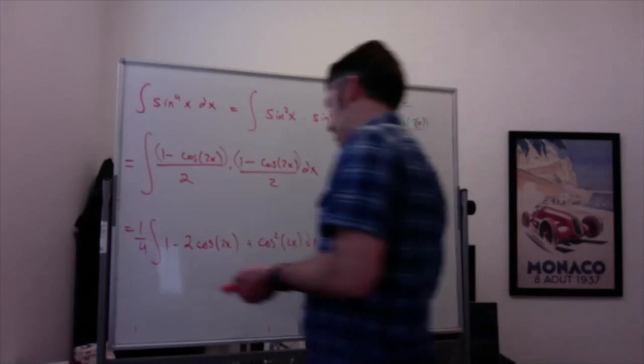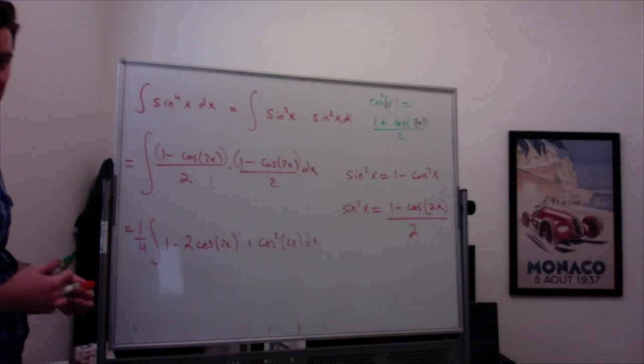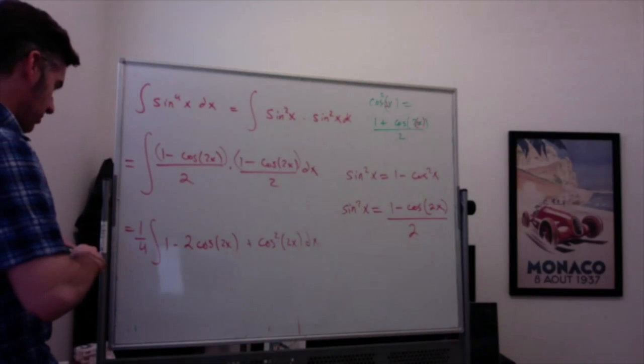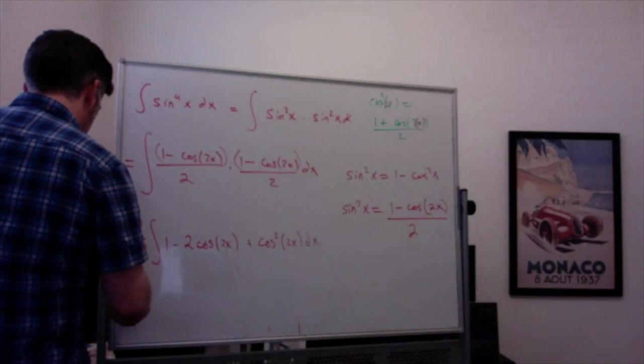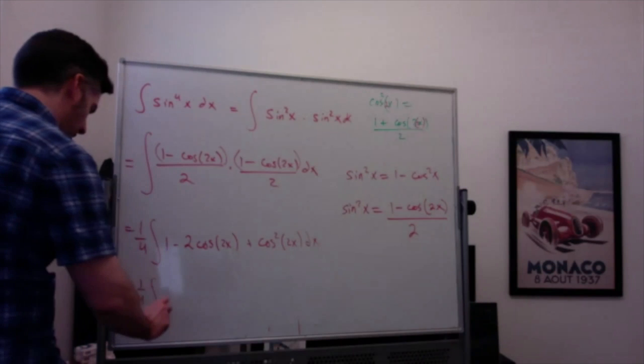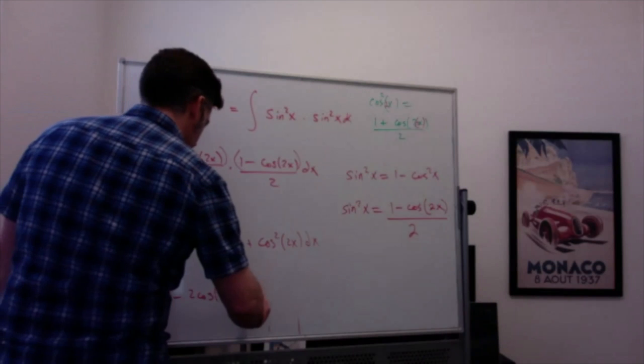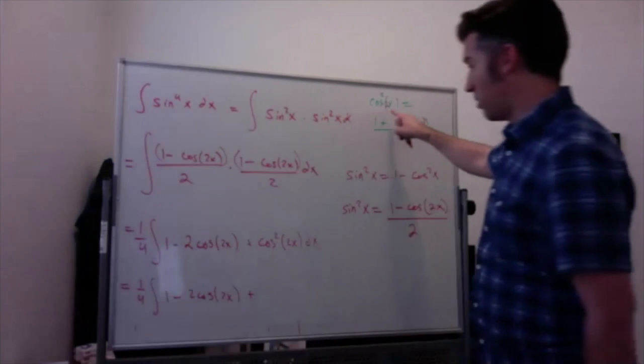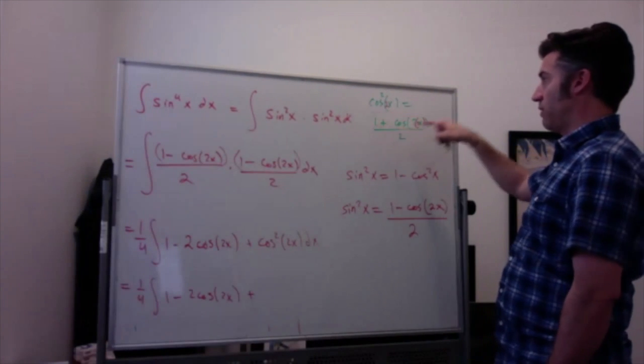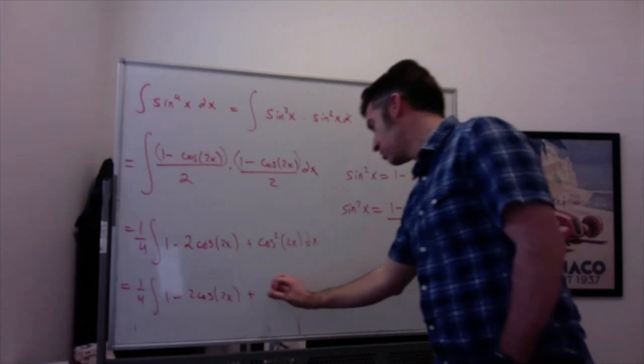So we end up getting, and this is where things start to get really messy, 1/4 times the integral of 1 minus 2 cosine of 2x plus cosine squared of 2x, which is (1 plus cosine of 4x) all over 2.